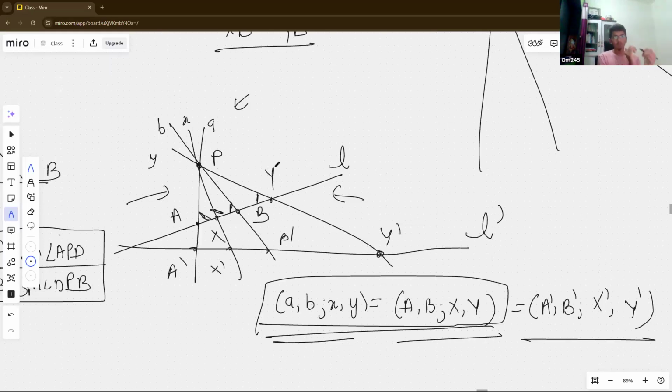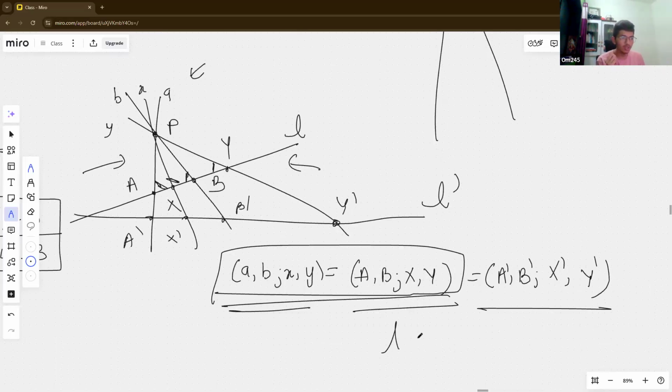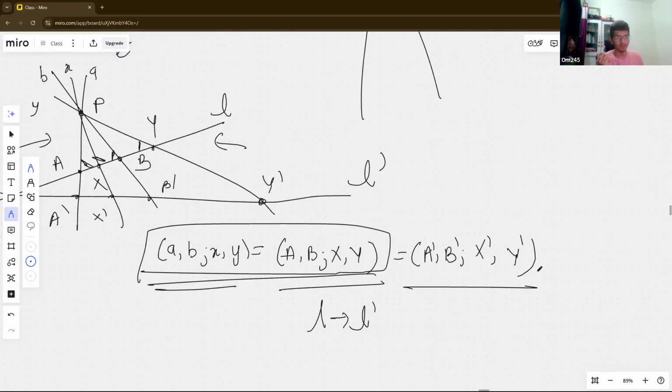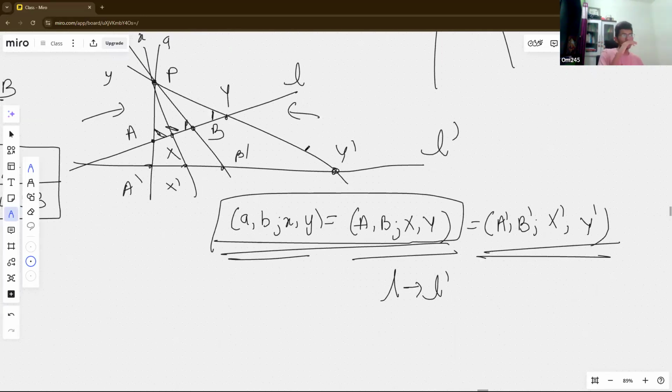So the cross ratio is getting preserved. What we call projecting from L to L dash: if you project the cross ratio ABXY from L to L dash, it will be the same for the intersection points. You guys understand?